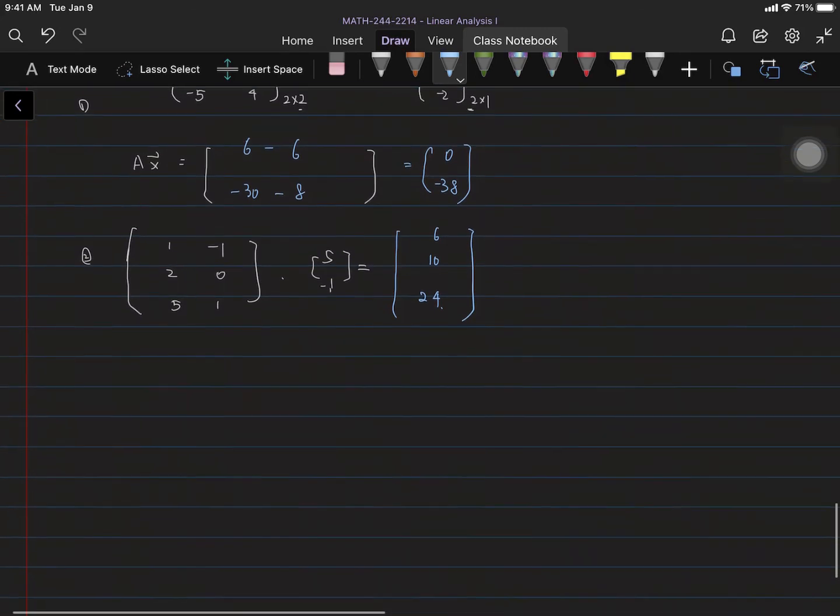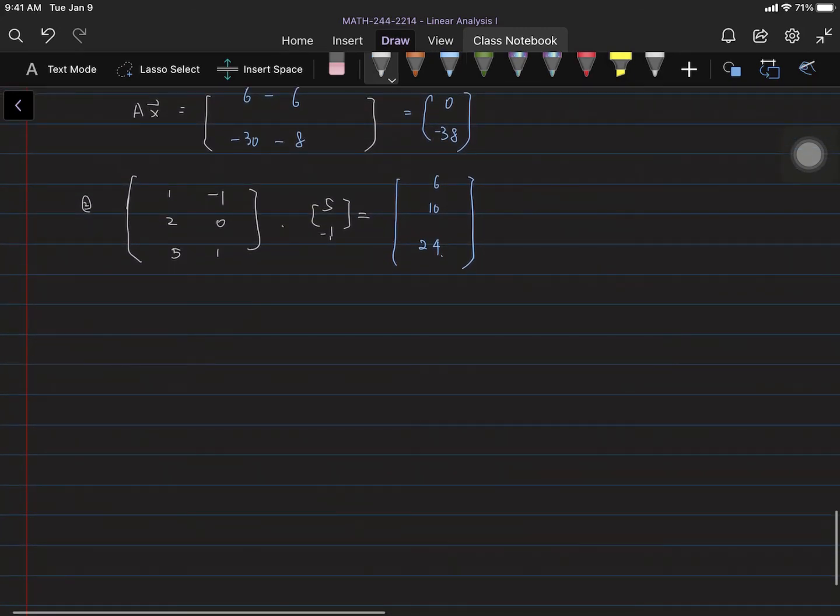Next, we are going to have the third definition, third case. Which is more general, because the first one is like a row times a column, right? So it's like 1 by n times n by 1. And the second one is a little bit more general, m by n multiplied by n by 1. So the right side is still a column vector.